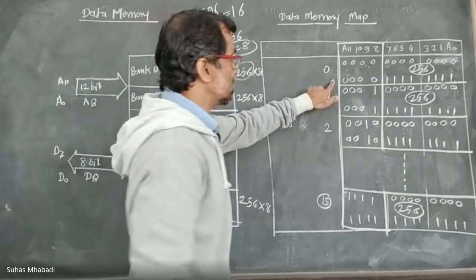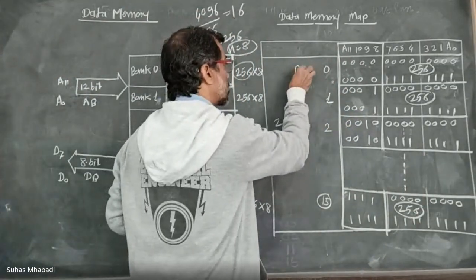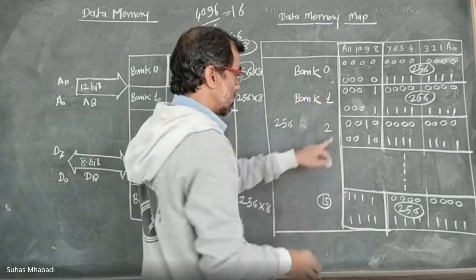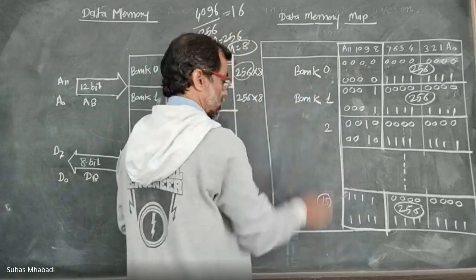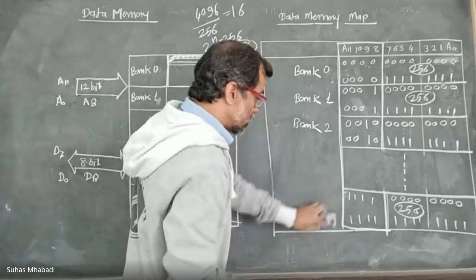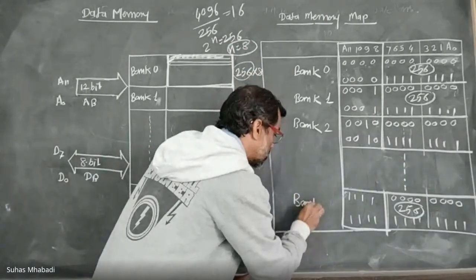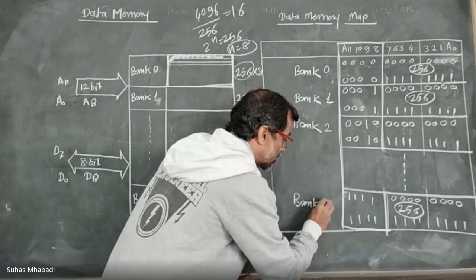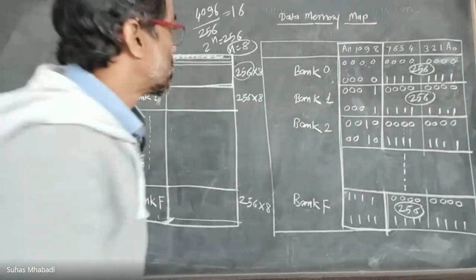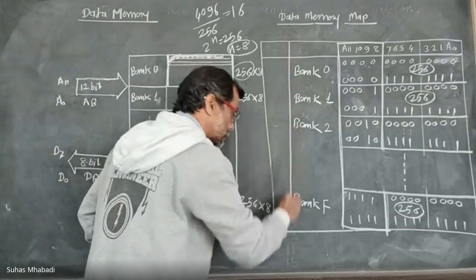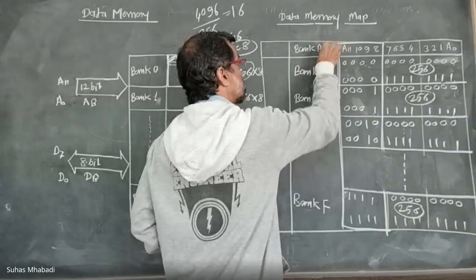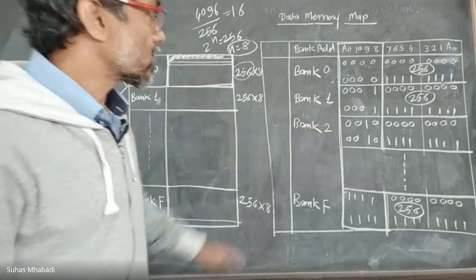This is known as bank 0, this is known as bank 1, this is known as bank 2, and this is known as bank F. F means bank number 15. So bank addresses are given as this.